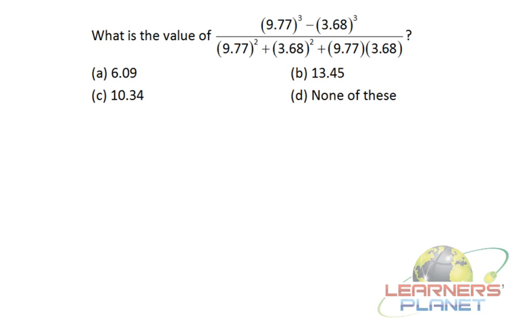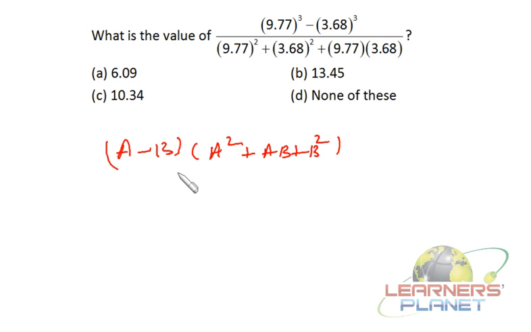Now let's see this problem. Here it is a cube minus b cube in the numerator. In the denominator we have a square plus b square plus ab. Friends, a cube minus b cube is (a minus b)(a square plus ab plus b square). Here this is being divided by a square plus b square plus ab.